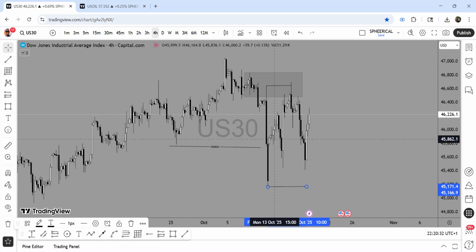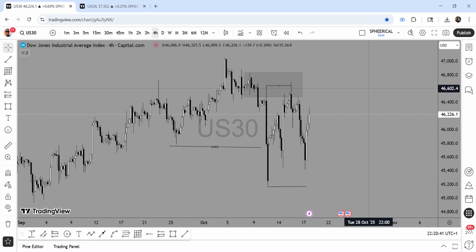From here, see it has been ranging, but it has eventually swooped this as a liquidity. It has swooped it and it closed within here. Not only that it closed within here, it's also giving us a reversal chart pattern, which is a head and shoulder pattern. You can see it is very, very clear.